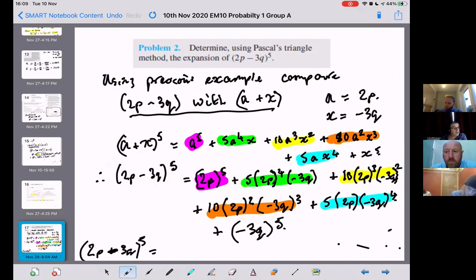to, and we can get rid of some of these terms in here.